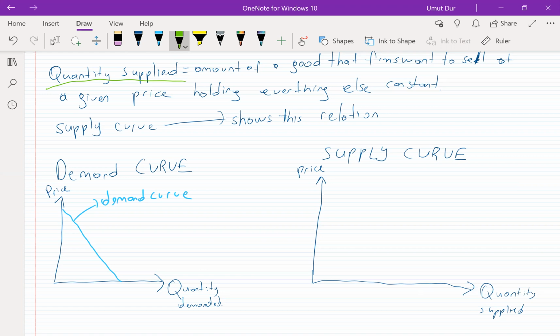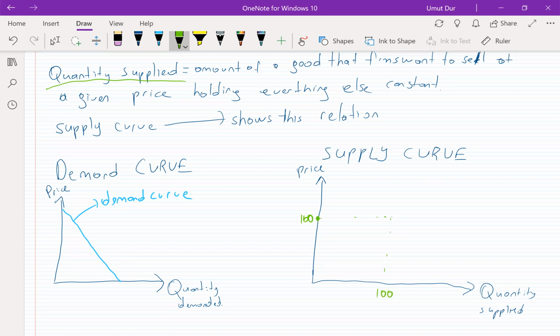So if we look at a price level, for example $100, we ask the firm, how many units would you like to supply at this point? Then the firm will say, I would like to supply 100 units.